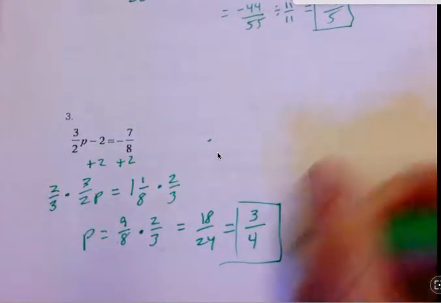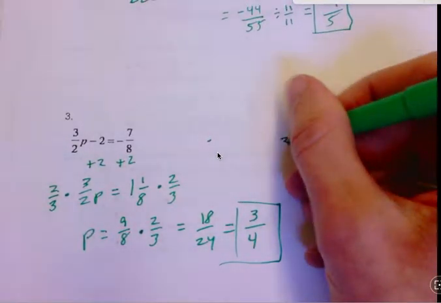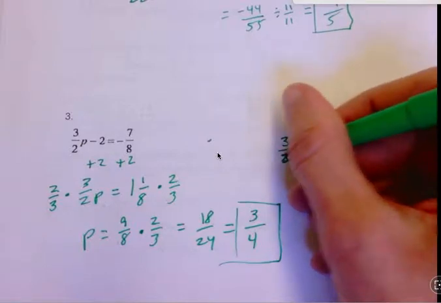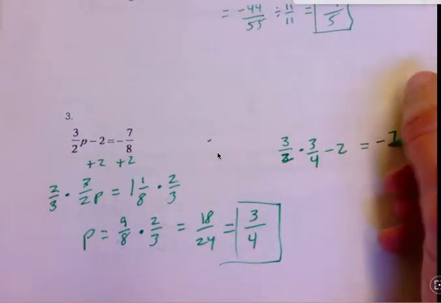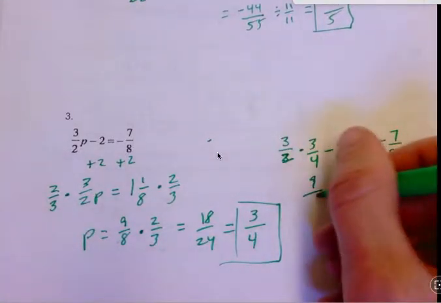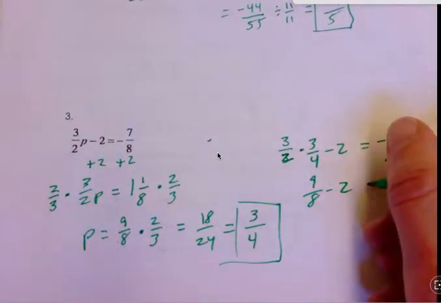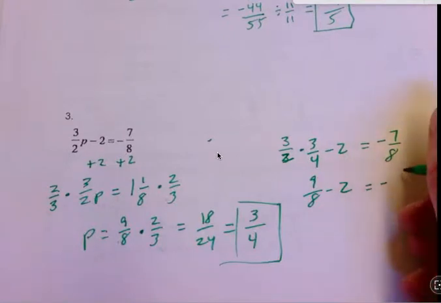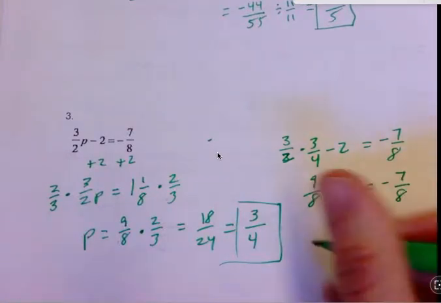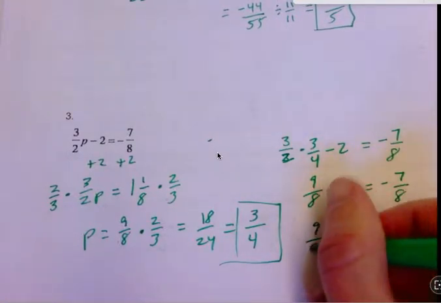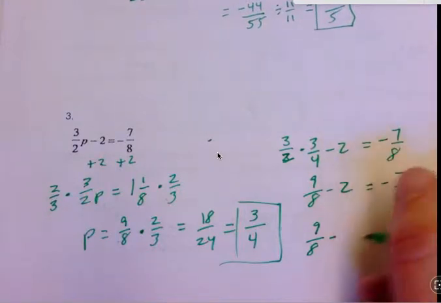And then when I check my work, I should be able to do 3/2 times 3/4 minus 2 equals negative 7/8. So we'd get 9/8 minus 2 equals negative 7/8. And if you weren't sure with looking at this, we can go ahead and change 2 into 8ths.